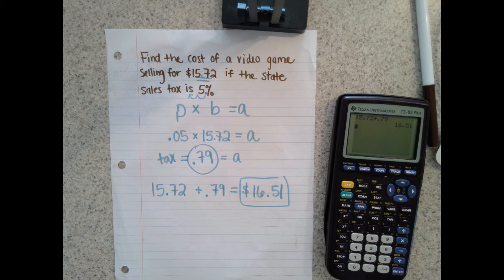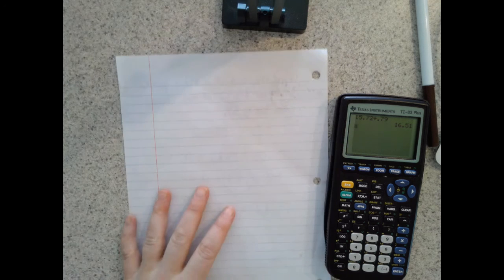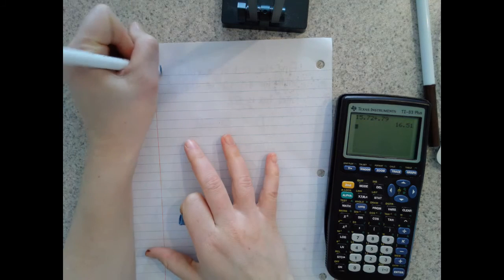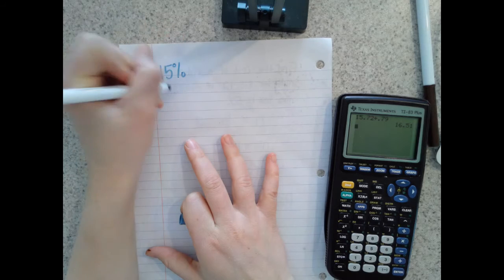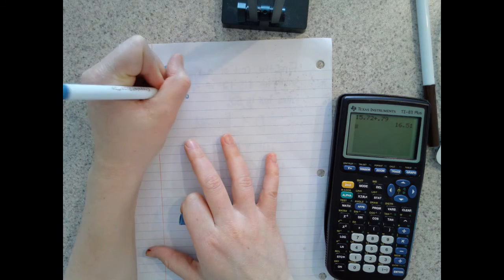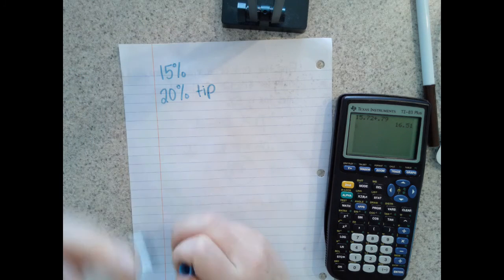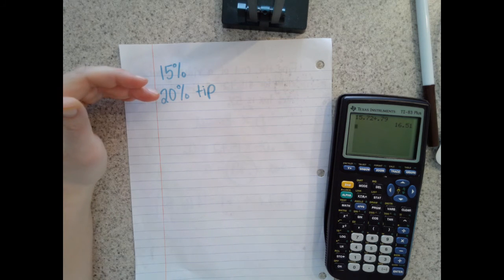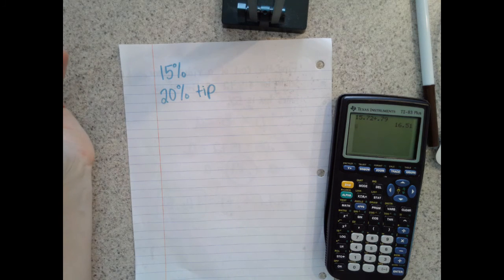So that's why everybody in society has deemed it appropriate to tip their waiter or waitress. Typically, when you go and eat a meal, you leave either a 15% or 20% tip. These are just really standard percentages that most people use to leave tips.